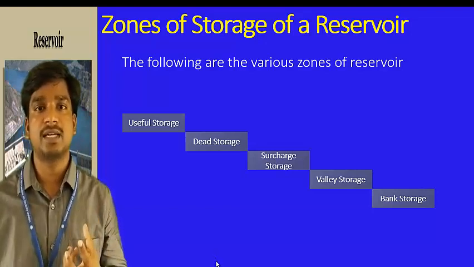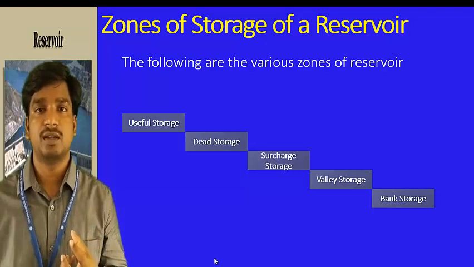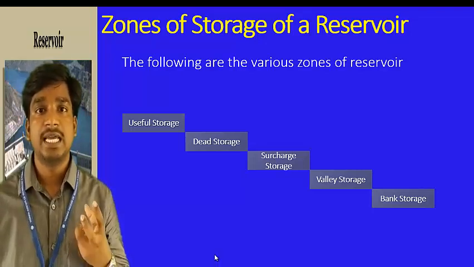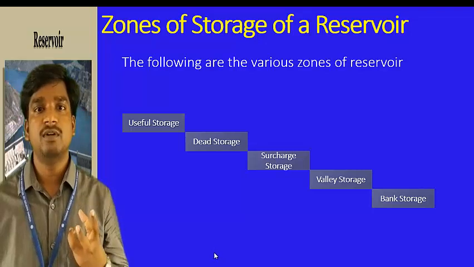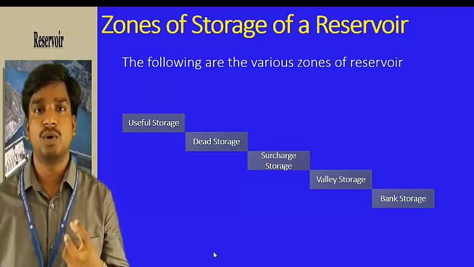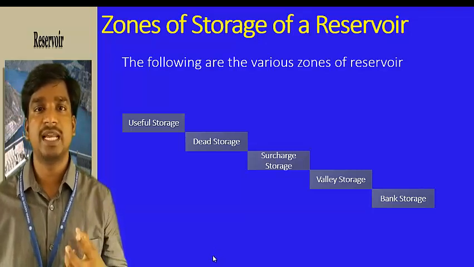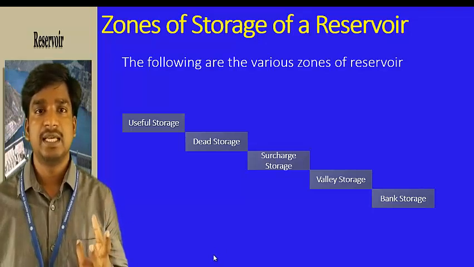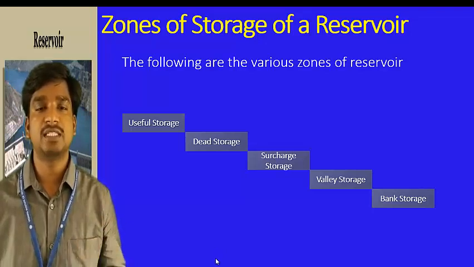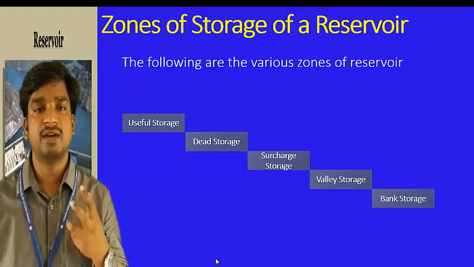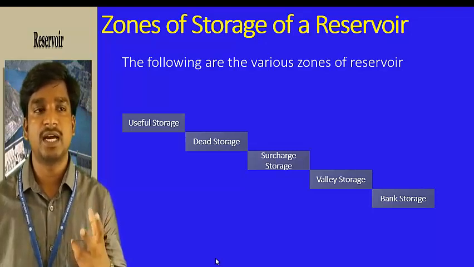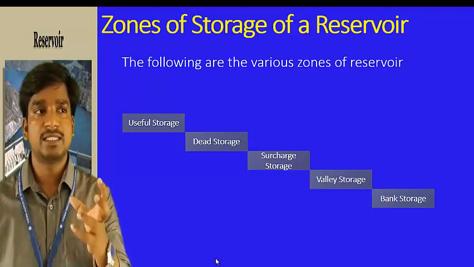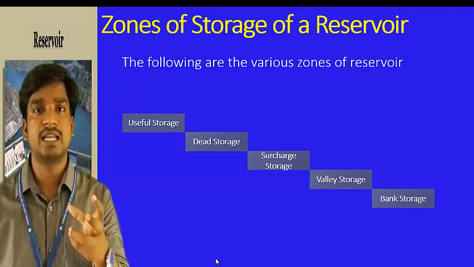Coming to the last type, the distribution reservoir. What is a distribution reservoir? It is meant to distribute the stored water. For example, take a city. In a city, many different situations occur. Whenever there is an emergency situation in a city, some amount of water is required.